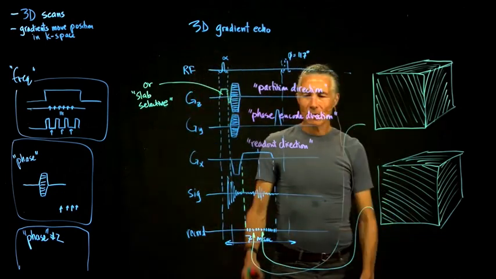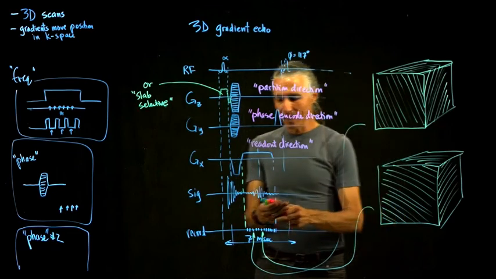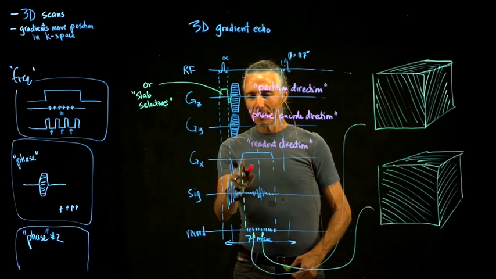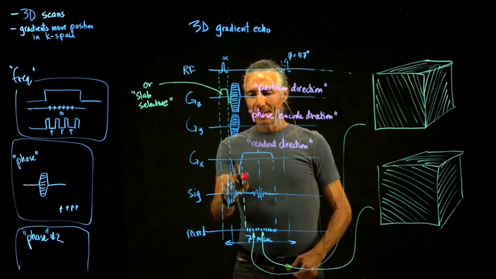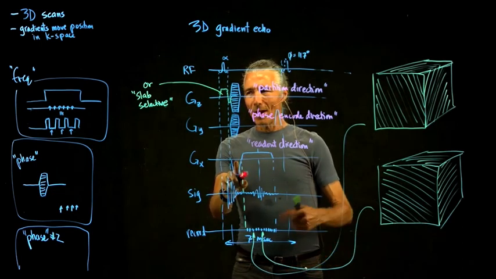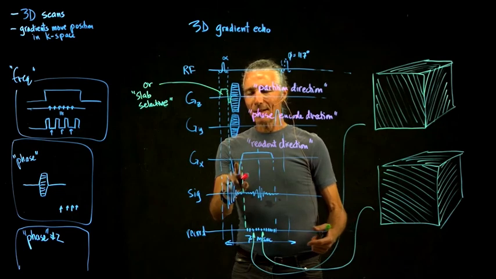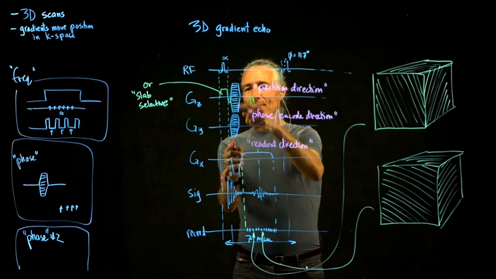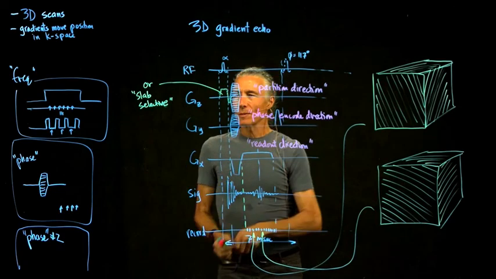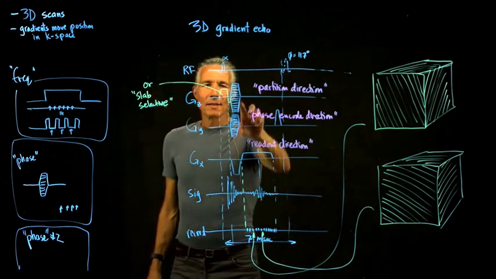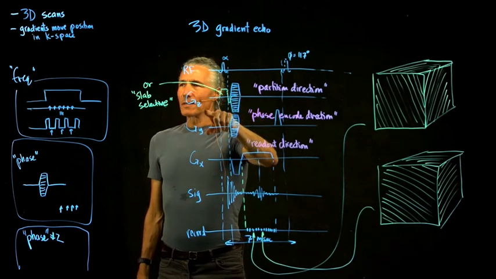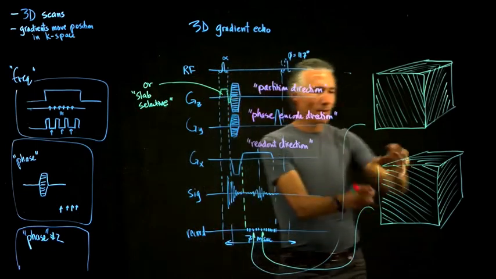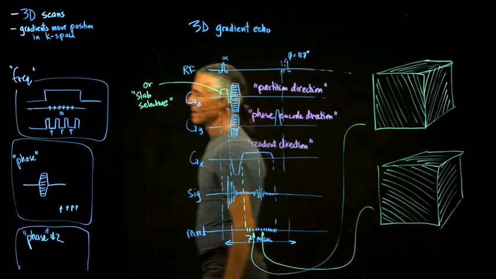And so what is the situation before you turn the readout gradient on? We're wrapping up to 128 cycles in the readout direction at the same time as this. But if we just looked at what happened when we turned on these two, they would cause stripes just in the Z and the Y direction and not the readout direction. Then when you turned on the readout, it would start rotating them in a third direction.